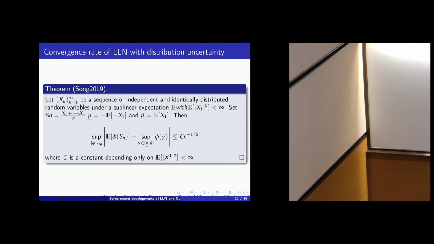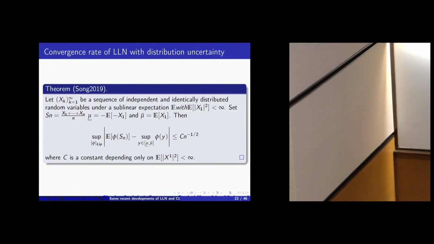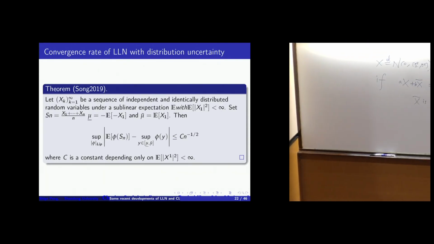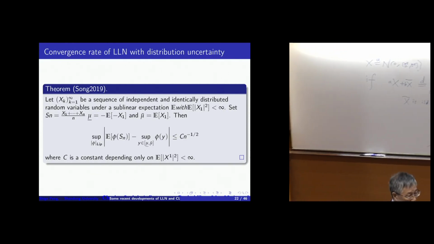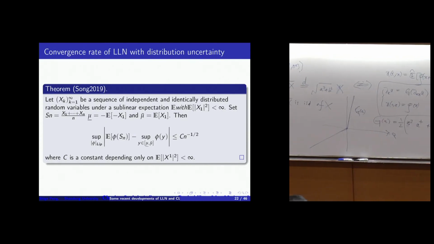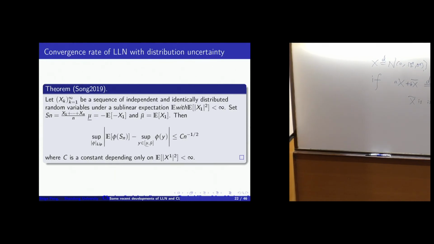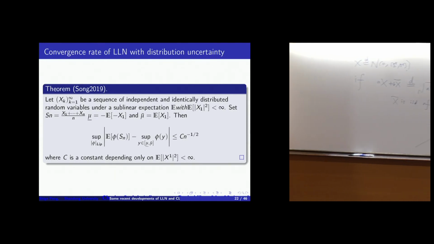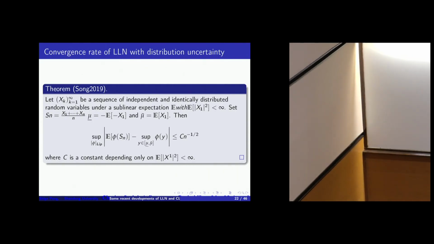And then, according to this, this was proved by Song that the convergence rate is n to the minus 1 over 2. It is almost not classical, but it is the best one till now, to have this minus 1 over 2 as the result.